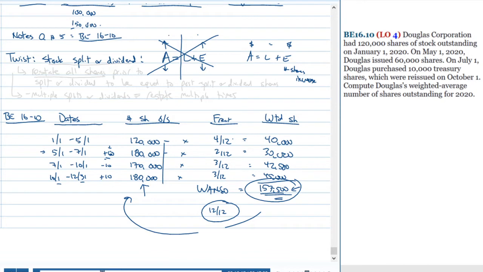So what we need to do with a stock split or a dividend is we need to restate all shares prior to the split or dividend to be equal to post-split or dividend shares.